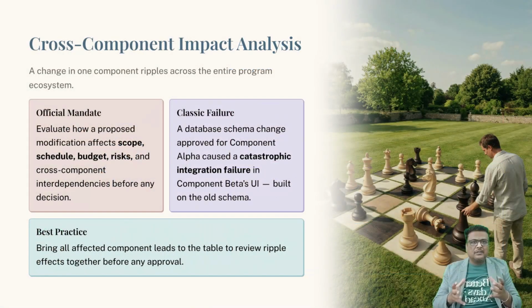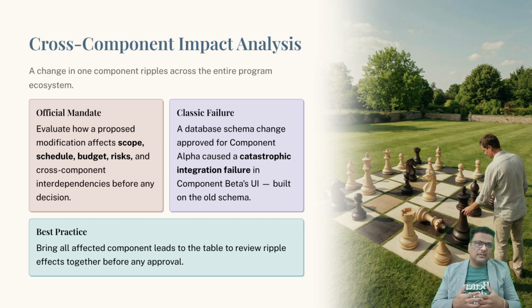Now watch how this connects directly to performing a comprehensive impact analysis to see how a change in one component ripples across the entire program ecosystem. The official study guide states that integrated change control mandates a rigorous impact analysis to evaluate how a proposed modification affects program scope, schedule, budget, risks, and cross-component interdependencies before any decision is made.